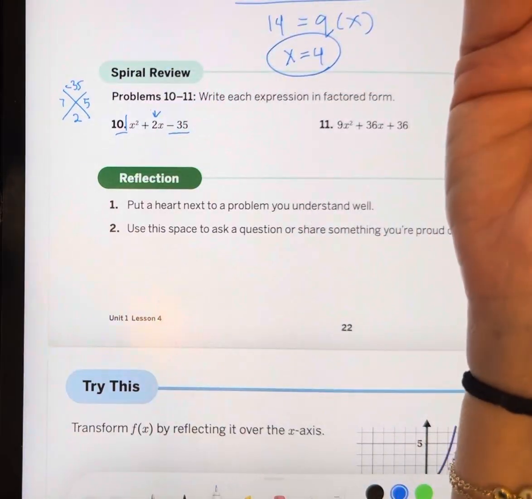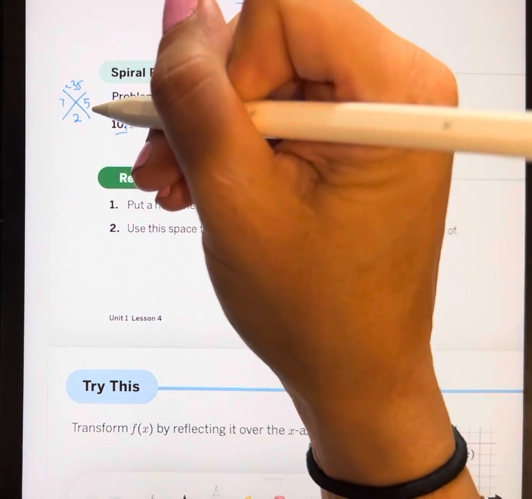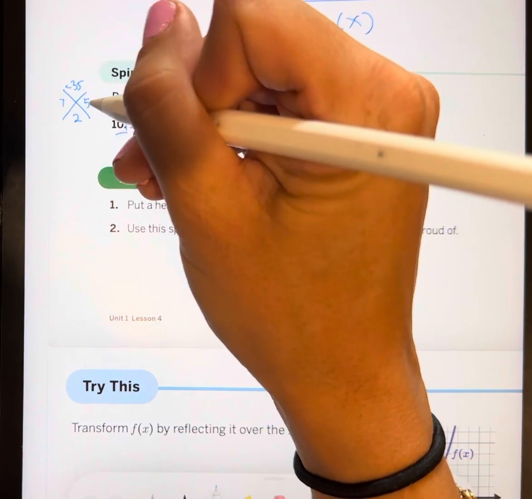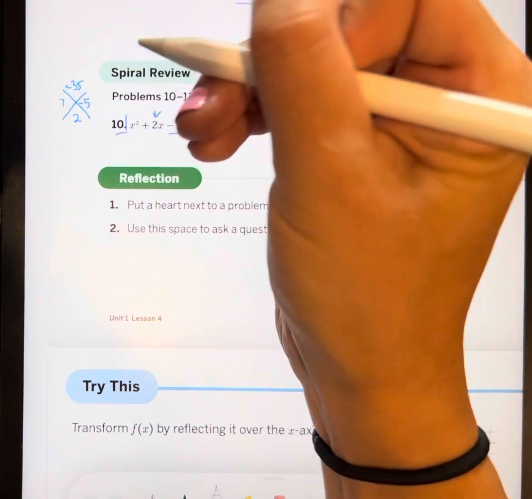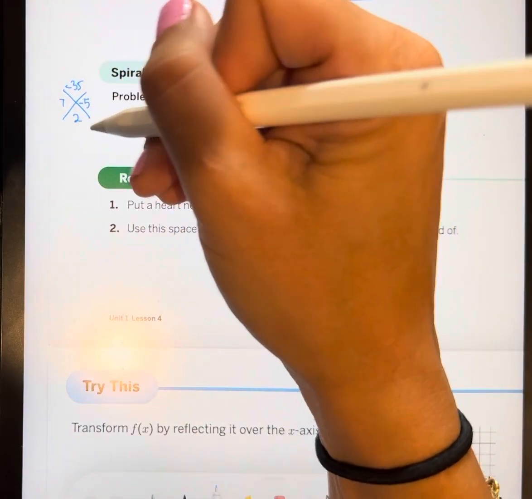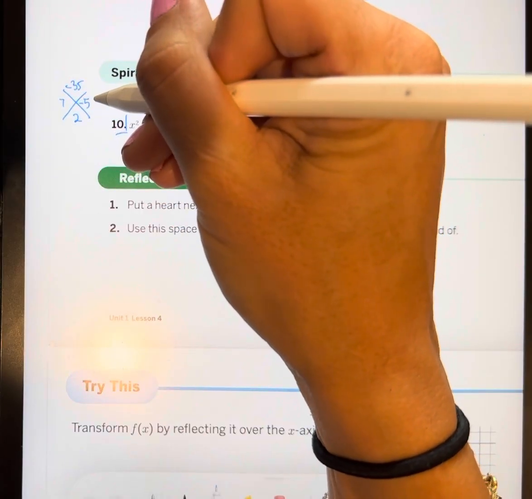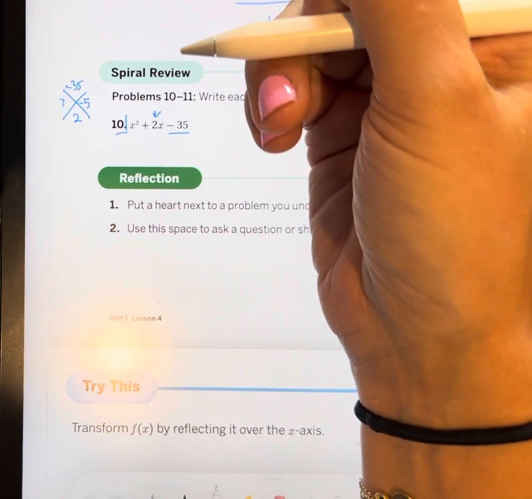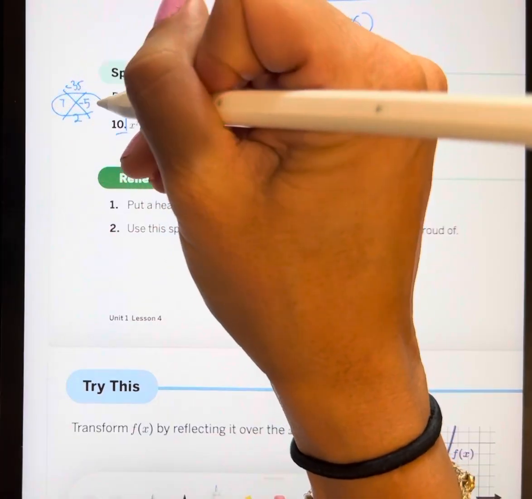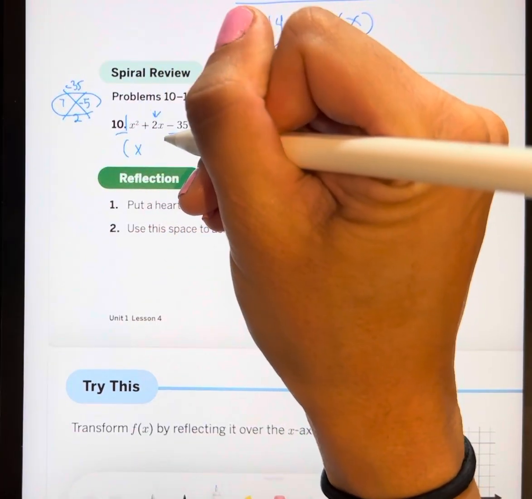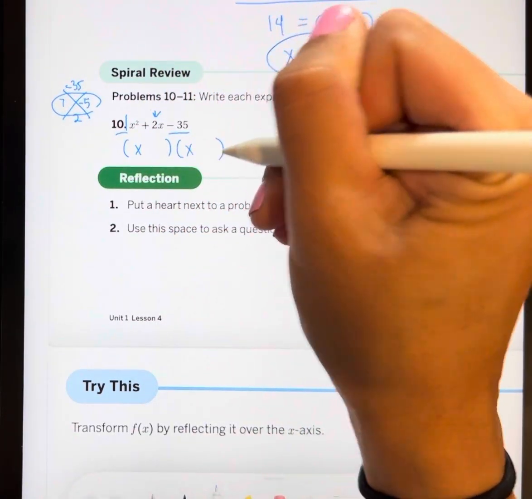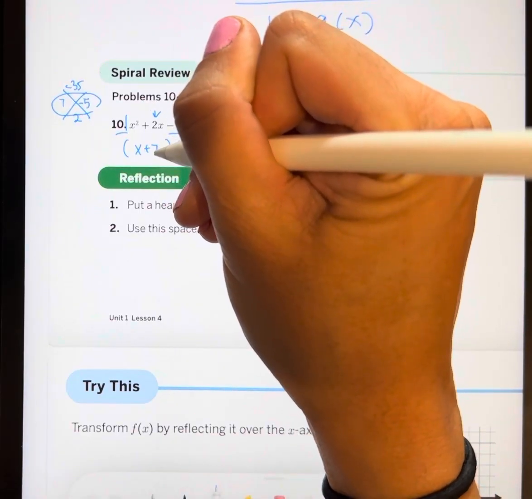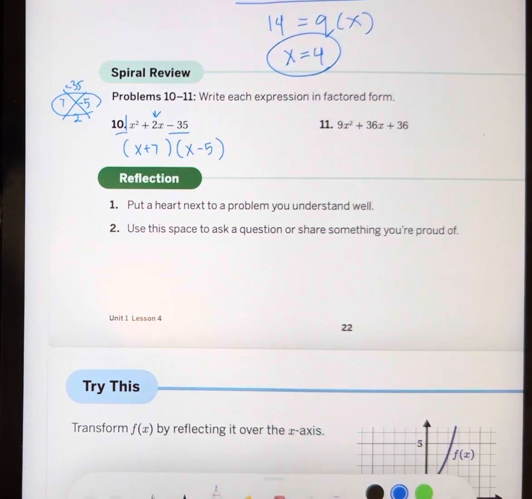I've been ignoring them up to now, but they matter. I need the 5 to be negative, so that 7 plus negative 5 is a positive 2, and then 7 times negative 5 is a negative 35. And these two are my magic numbers that go inside parentheses with x. So x plus 7, x minus 5.